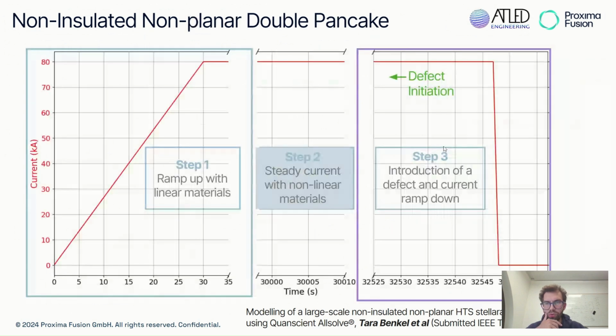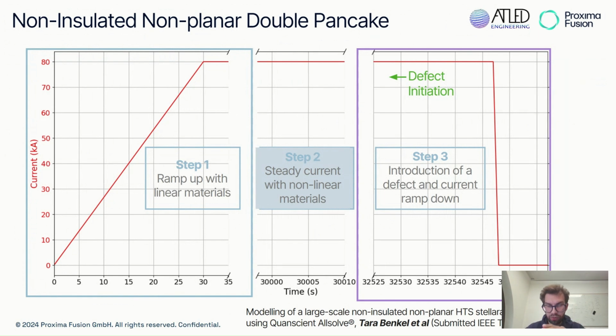And then what we want to do is really to ramp up the coil, similar to what Mika showed. And then we have some intermediate step, which is still transient. Specifically, during the ramp up, we use linear materials to speed up the charge, and then we switch to nonlinear materials.